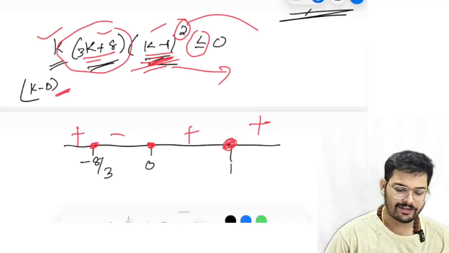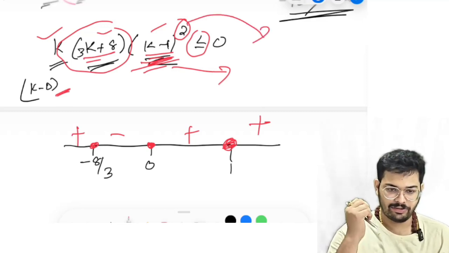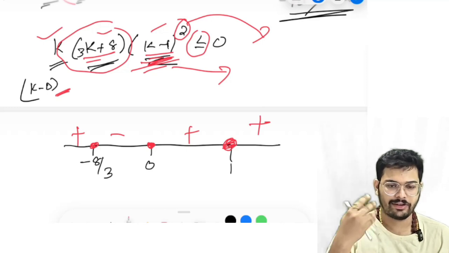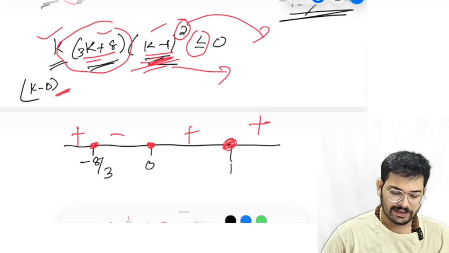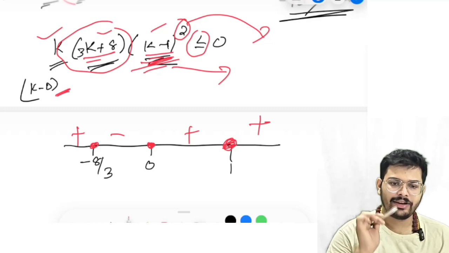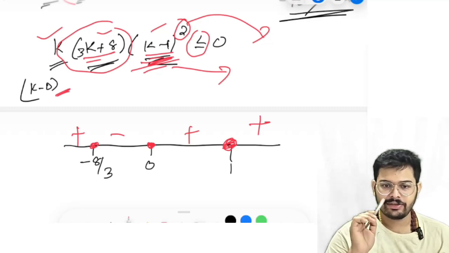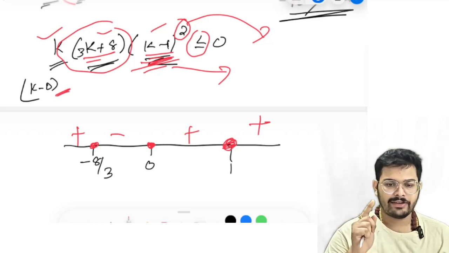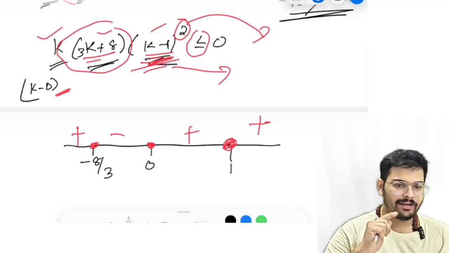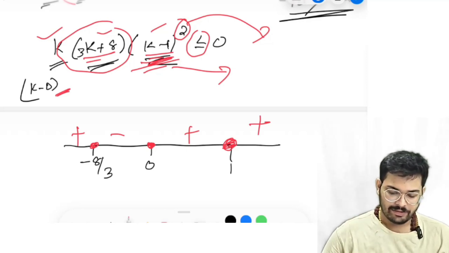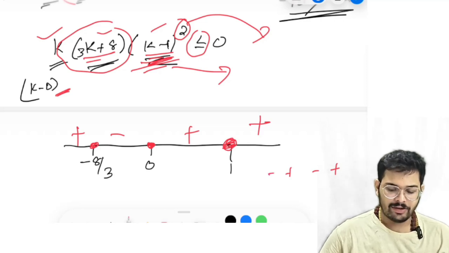You can imagine that if the power is even, whether it is 2 or 4 or whatever it is, it won't change the sign, because the sign change will happen an even number of times. Suppose it is 4, plus will become minus, then it will become plus. Similarly, it will happen twice. If the power is 3, plus will become negative, negative will become positive, then it will become negative.